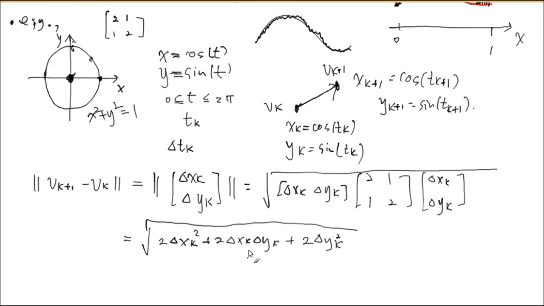This measures the distance between these two points. If it were a normal metric, the usual space, it would be just delta xk squared plus delta yk squared, the usual Pythagorean theorem. Now we have a new metric to compute this distance.